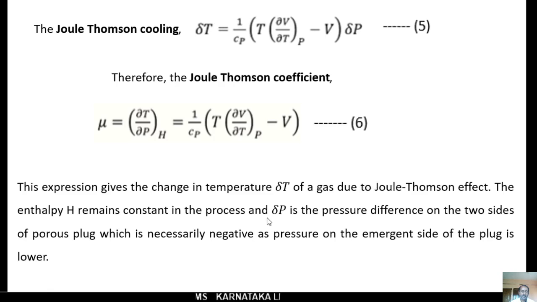The enthalpy H remains constant in this process, and delta P is the pressure difference on the two sides of the porous plug, which is necessarily negative as the pressure on the emergent side of the porous plug is lower.